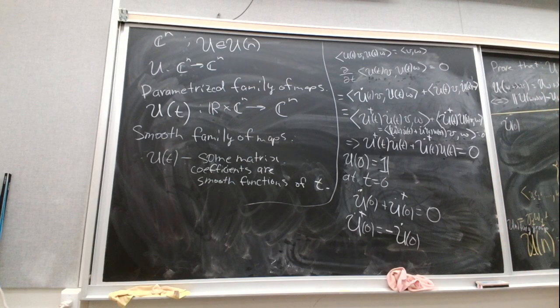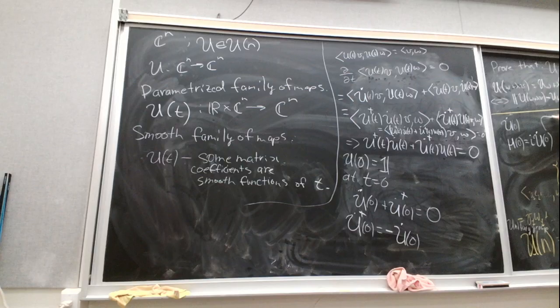Let's define a new object, and I'm going to mess up which way the minus sign goes, called h at 0, which is equal to i times u dot at 0.